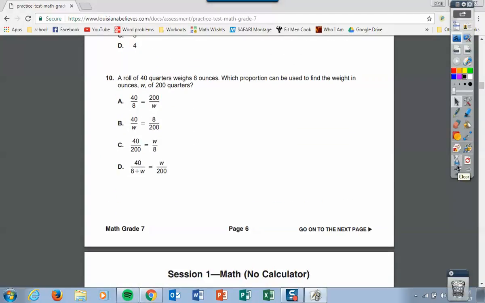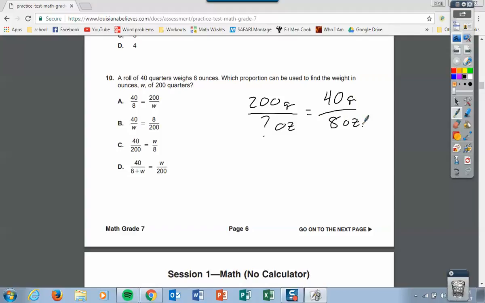A roll of 40 quarters weighs 8 ounces. Which proportion can we use to find the weight in ounces of 200 quarters? Well, if I have 200 quarters is blank ounces, and then I want 40 quarters is 8 ounces.